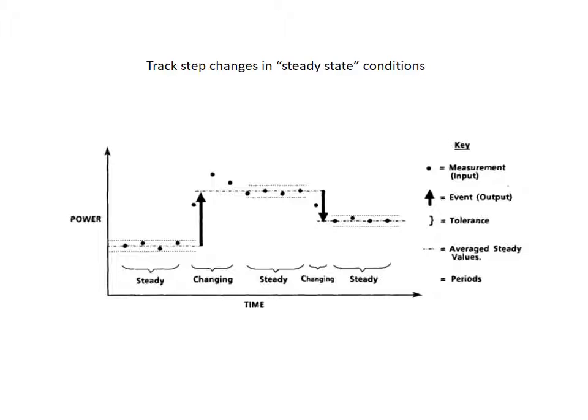So you have sort of a line of best fit around the black dots, and then little dotted lines on either side. And so in that case, what we're doing is we're saying, there can be some minor variation in power consumption at a steady state where we still sort of consider it at that one state. So we allow for those sort of minor fluctuations. What we're really interested in are the really big jumps up and down.